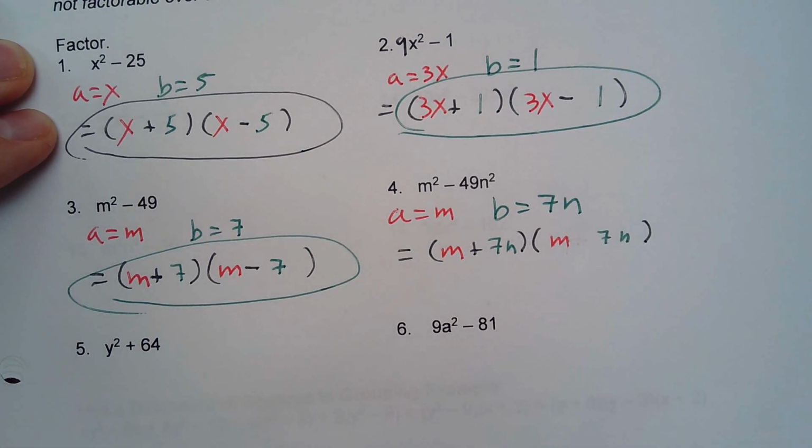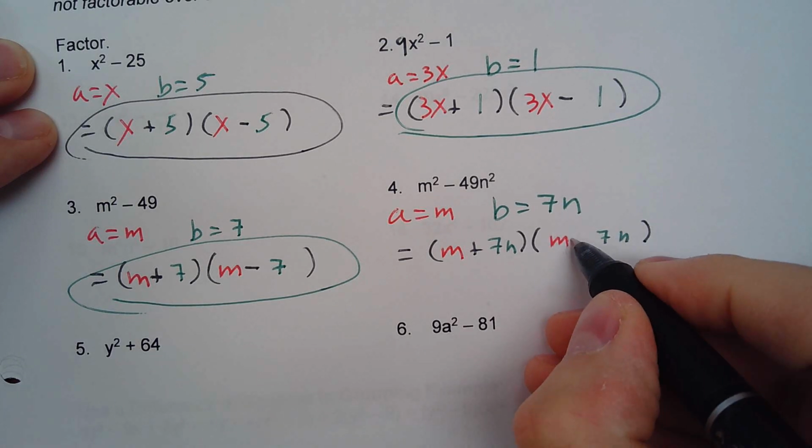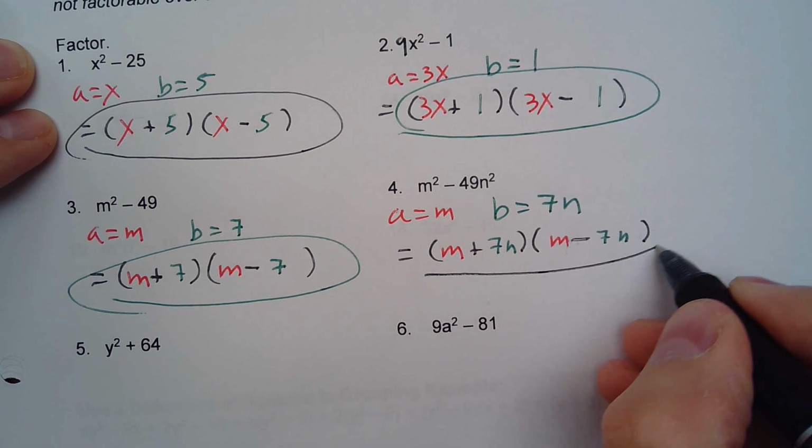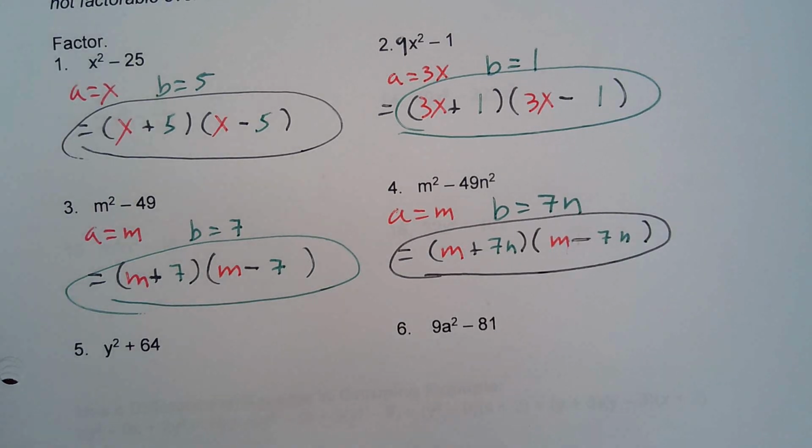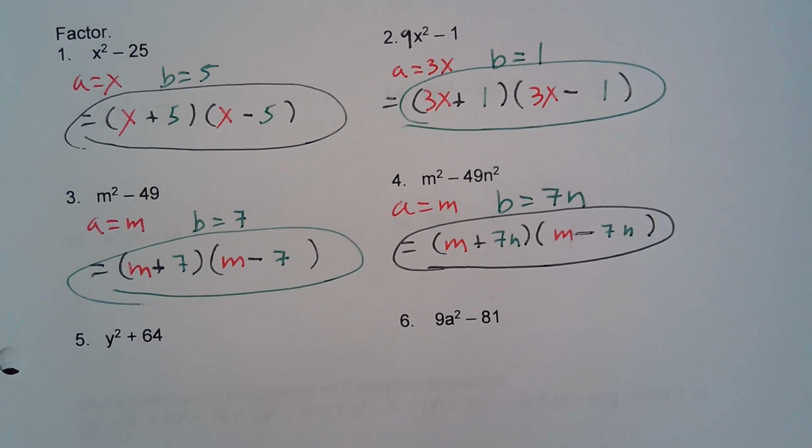My bad on that one. So it would be n plus 7n in parentheses times n minus 7n in parentheses.